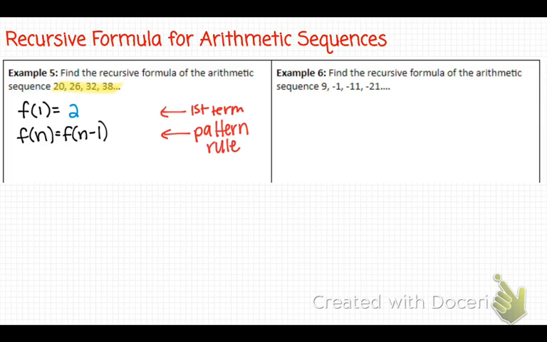Okay, so let's write that down. And then, how do I get from 20 to 26? And 26 to 32? And 32 to 38? I add 6, add 6, add 6. Okay, I'm going to write a plus 6. And then I'm going to box it because that's my answer and I'm done. That's the answer. Yeah, really.